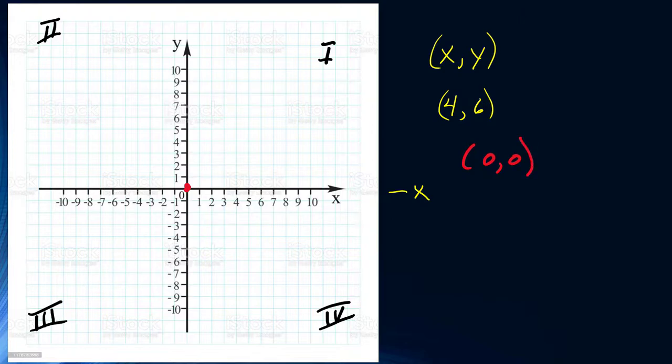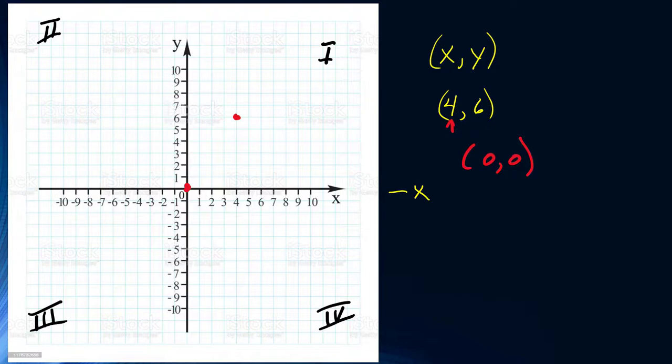We start there, and then we look at our x coordinate and we move, in this case, to the right. That's the positive direction. And then we move 6 up from that point. 1, 2, 3, 4, 5. And that would be our point.